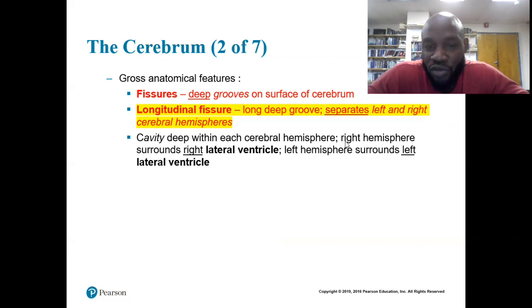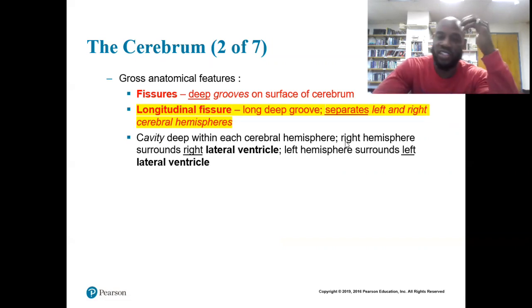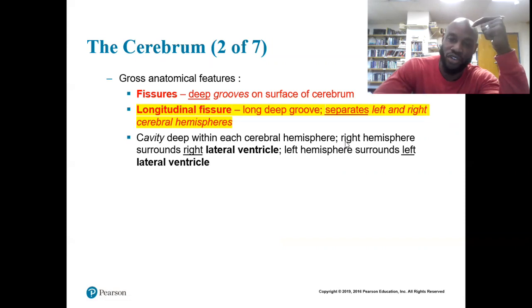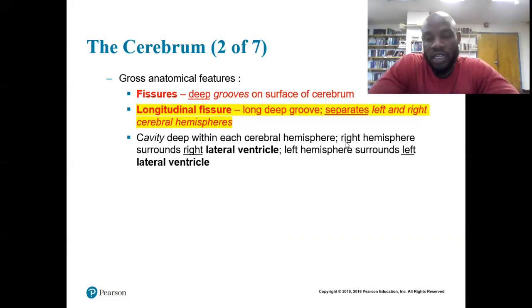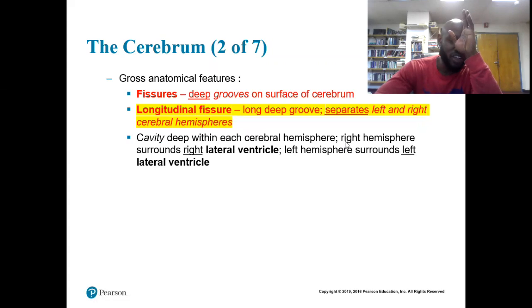We have these deep grooves, which we separate from the sulci. These deep grooves on the surface are called fissures. The main one that we think of is the longitudinal fissure, which goes right down the center of the brain, basically down the medial line, and separates your brain into your right and left cerebral hemispheres.